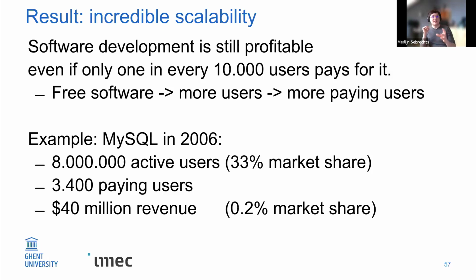A great example of this is MySQL. In 2006, this is a long time ago, and it's very hard for companies to actually be open about these numbers. But MySQL in 2006 had 8 million active users, which at the time was 33% of the market share of databases.